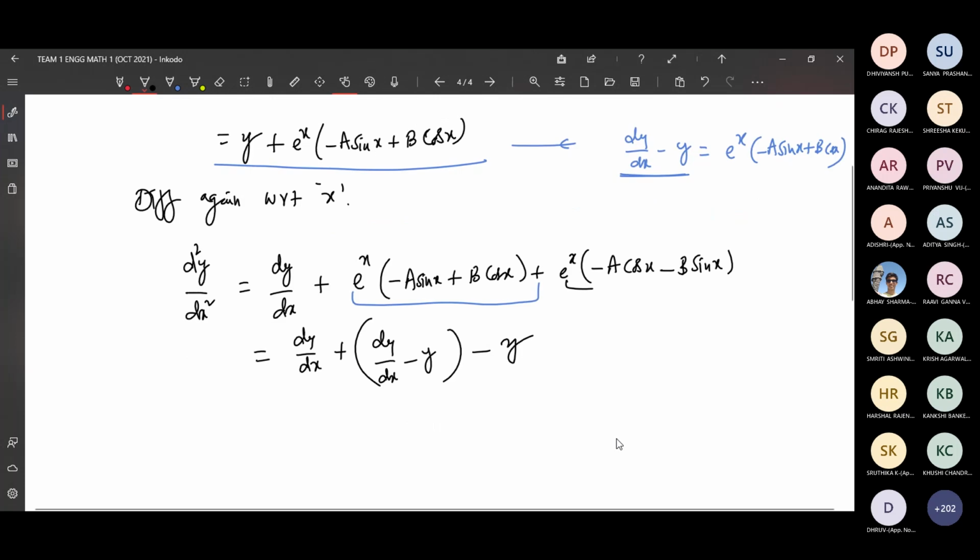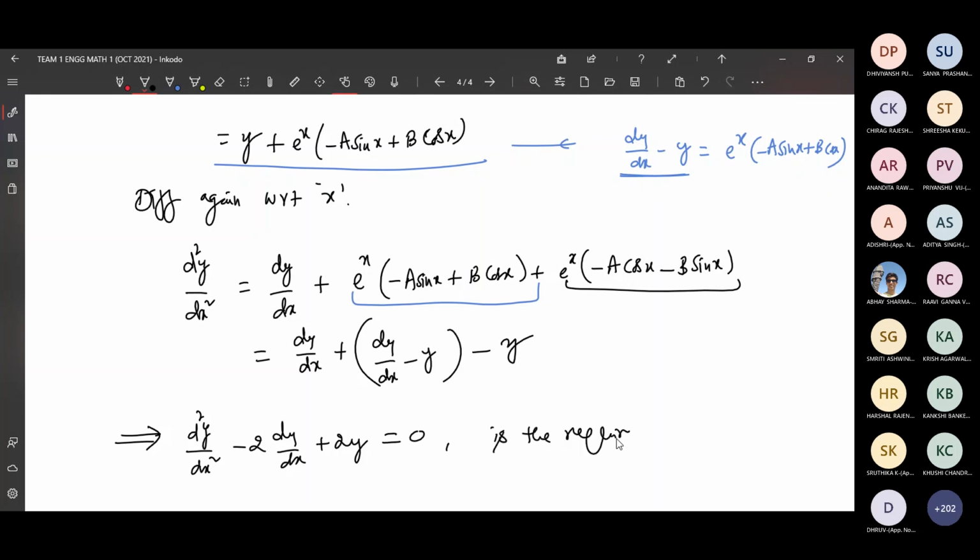So this part is minus y. If you combine the terms, d square y by dx square minus 2 times dy by dx plus 2y equal to 0 is the required differential equation, which is free of constants.